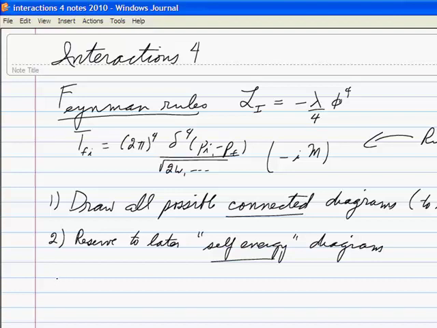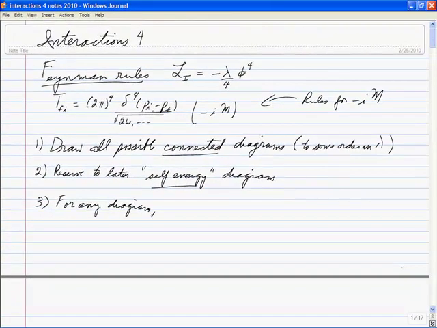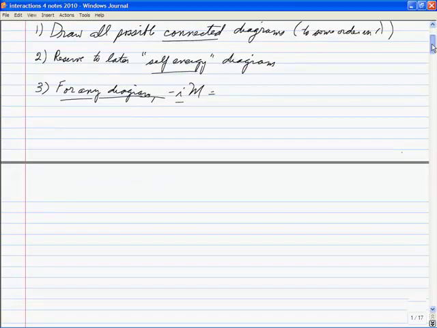Then for any diagram, minus iM equals something, and we have a bunch of rules that come from that.